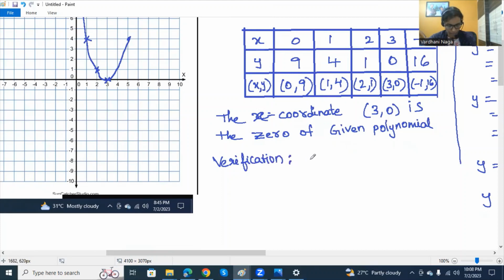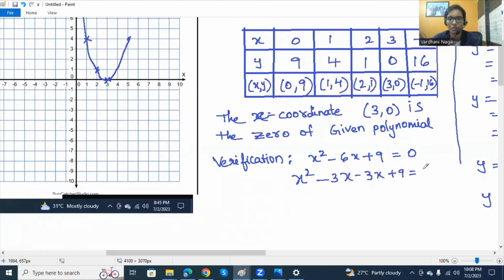So let's take x square minus 6x plus 9 as the quadratic polynomial. Put it equal to 0 for finding the zeros. So splitting the middle term: x square minus 3x minus 3x plus 9 equal to 0. If we take x as common, x minus 3 is one factor. Minus 3 as common, x minus 3 is another factor.